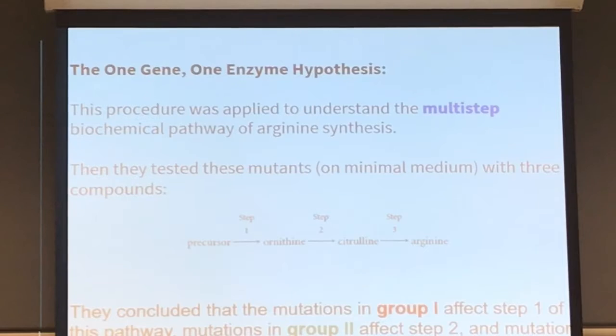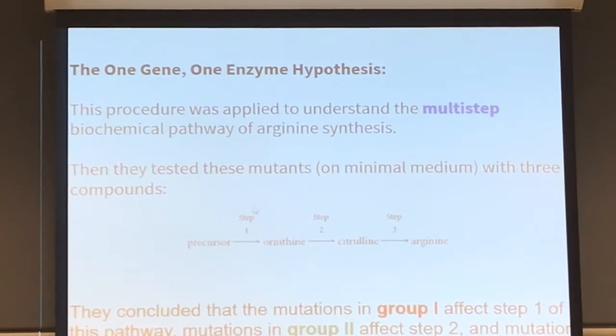Then they asked the question: if you add arginine to the irradiated Neurospora and it grows, is the mutated gene the one for the enzyme that synthesizes arginine, or a gene that comes a little earlier in the pathway? So is the mutation here, or here, or here? Let's say arginine has two or three precursors, like citrulline, ornithine, and some other precursor.